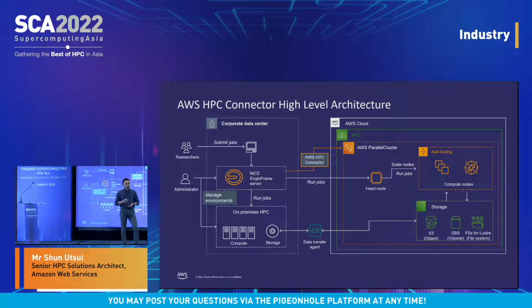So if you have a job that has its data only on the on-premise storage, and if Nice EnginFrame decides to burst that job into AWS, it will automatically transfer your data to AWS as well, so that the job will run on AWS without any issues.